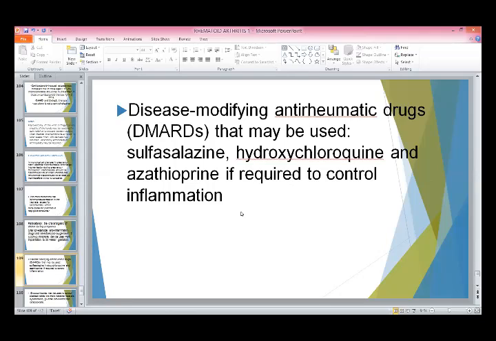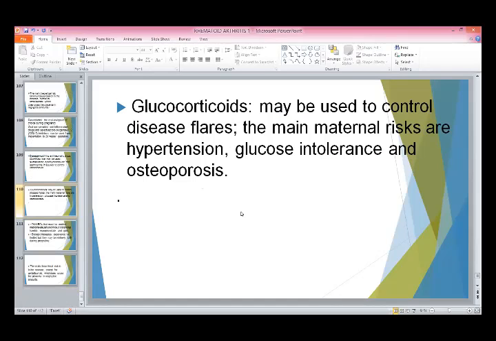The disease-modifying drugs like sulfasalazine, hydroxychloroquine, azathioprine sometimes can be used to control the active inflammation. Corticosteroids may be used to control disease flares. The main maternal risks are hypertension, glucose intolerance, and osteoporosis.